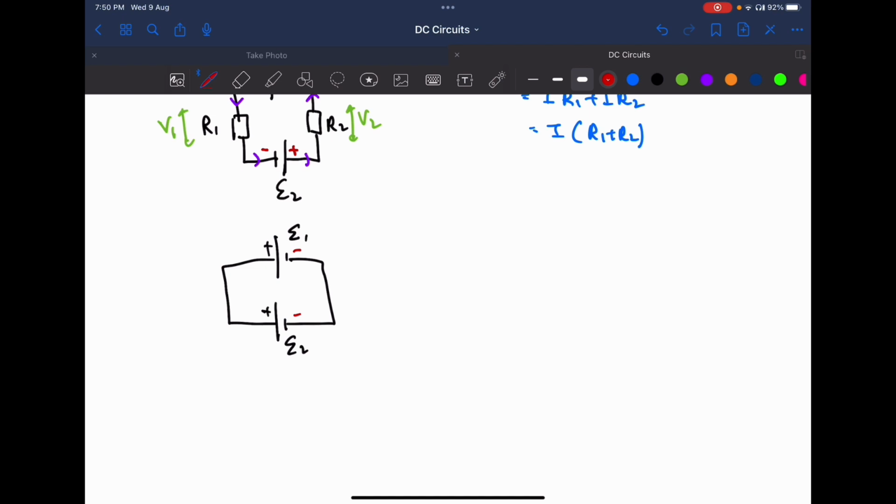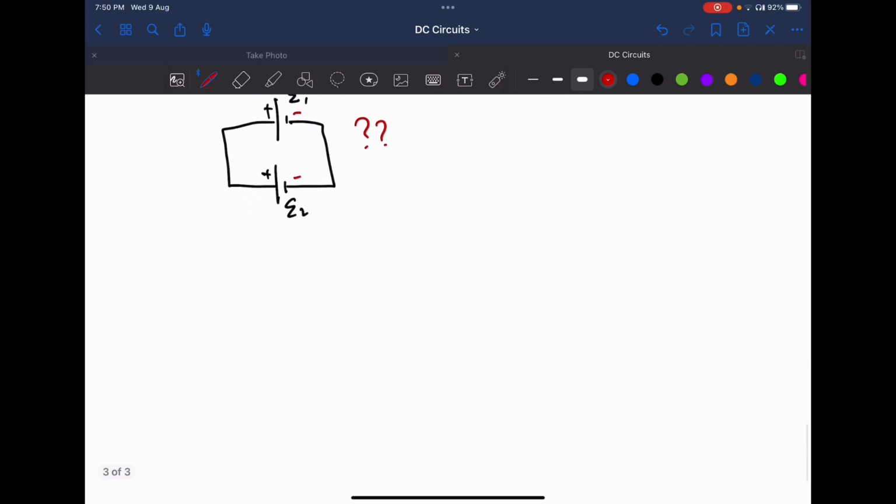So how do we solve this kind of question? Okay, let's now modify the circuit a bit. I'm going to put a galvanometer. So this is a galvanometer.